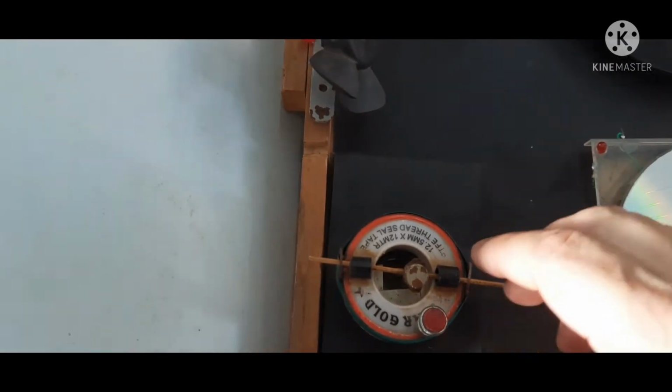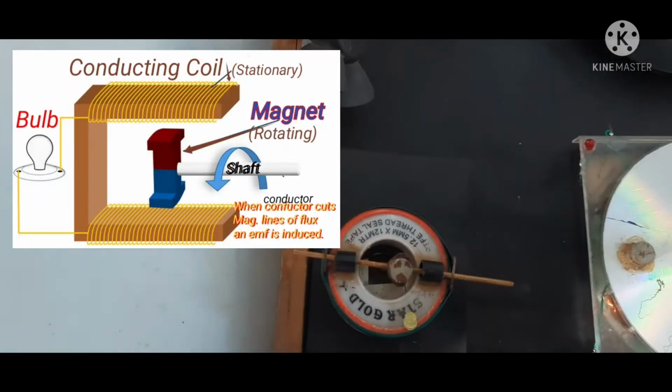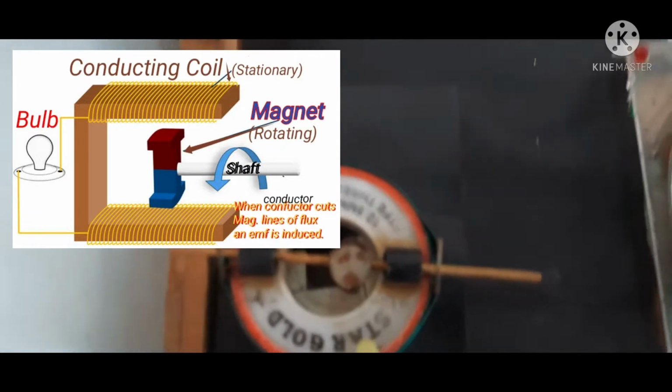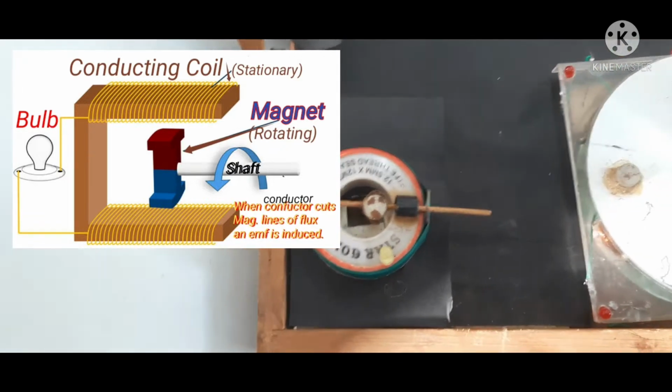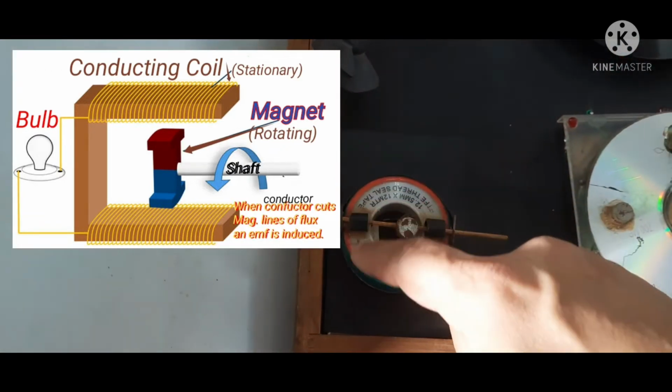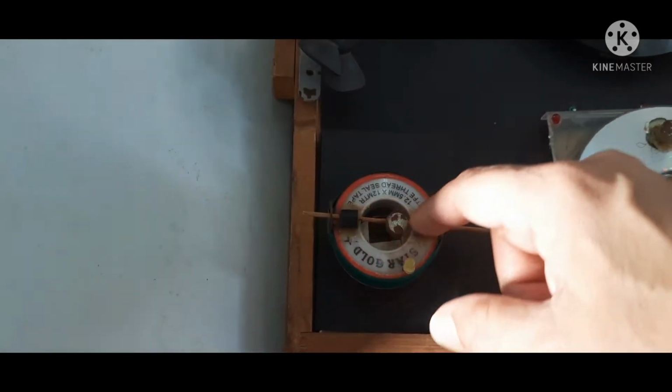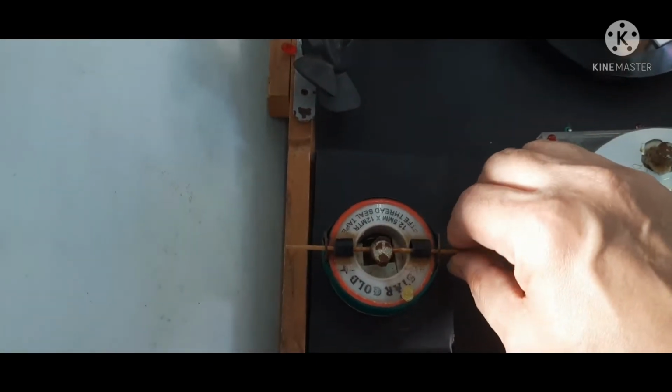After this, let us see the same principle. Here the coil is placed here, and this is the magnetic field.